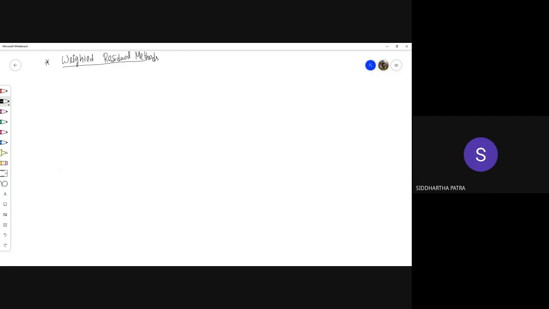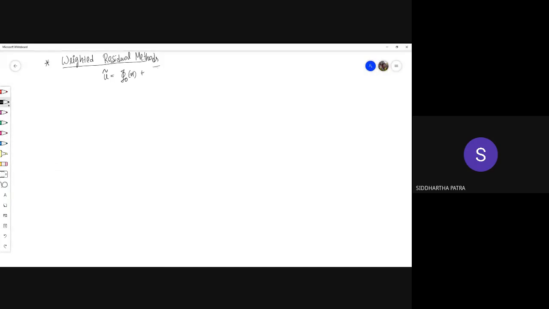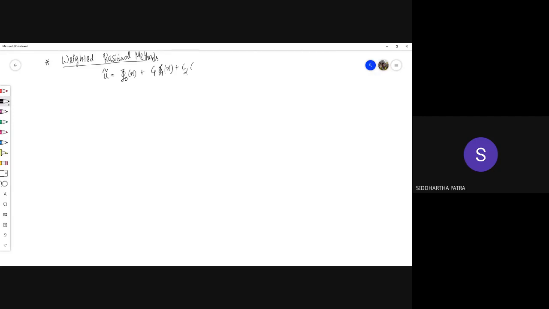We are trying to get an approximate solution, which looks like this: phi 0, a function of x, plus c1 phi 1, another function of x, plus c2 phi 2, another function of x, and so on, of course satisfying the two conditions that we just described.